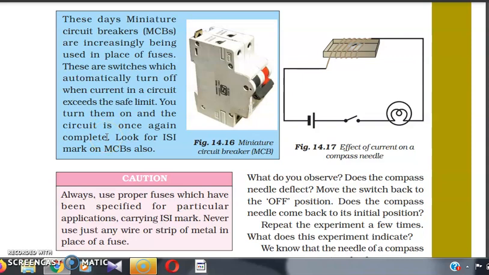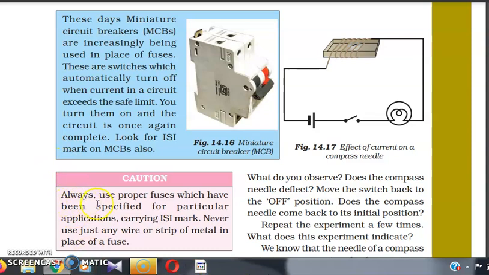Once a fuse melts, we have to replace it with another new fuse. But MCBs just trip down. We have to switch it on, again the circuit is complete and it starts working again. So this is the advantage of MCB over electrical fuses.